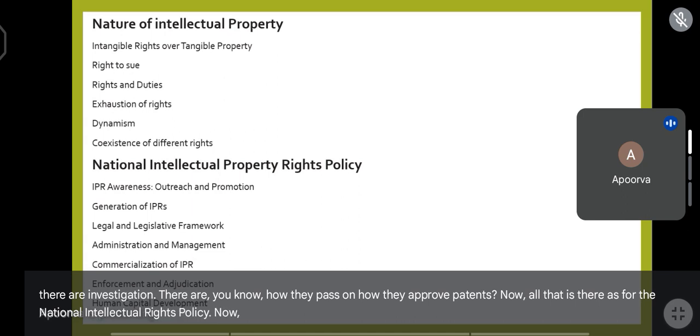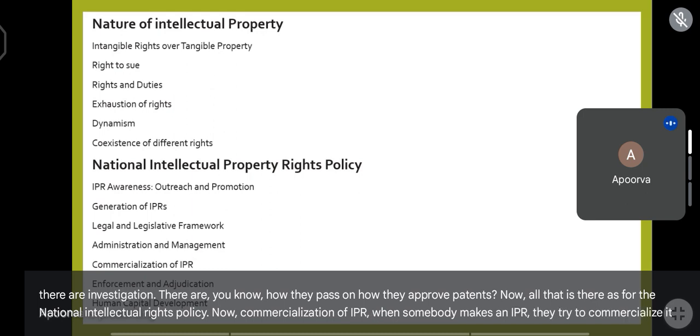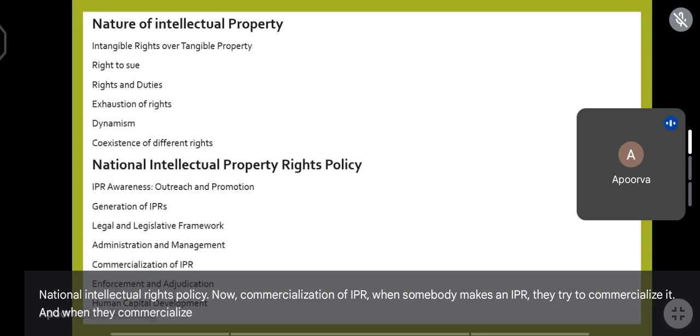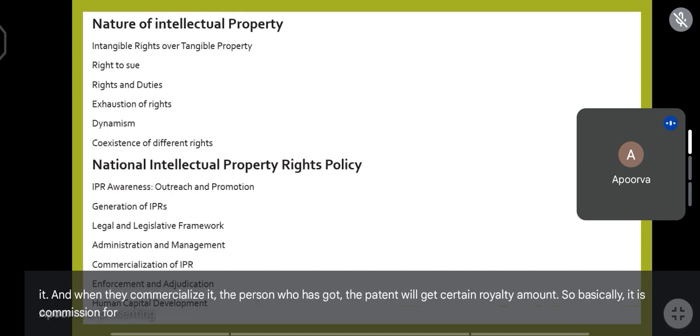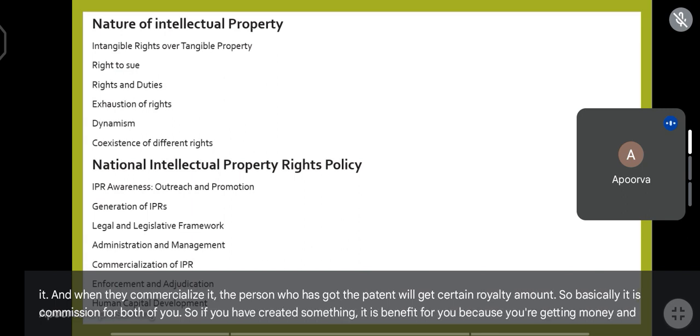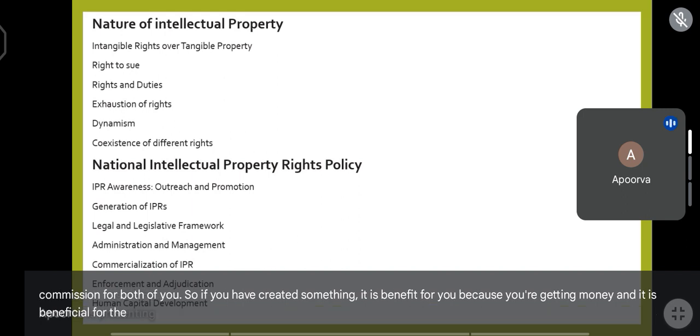Now, commercialization of IPR. When somebody makes an IPR, they try to commercialize it. And when they commercialize it, the person who has got the patent will get certain royalty amounts. So basically, it is commercial for both of you. If you have created something, it is a benefit for you because you're getting money, and it is beneficial for the company who is using it also.